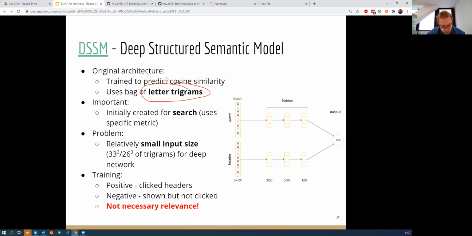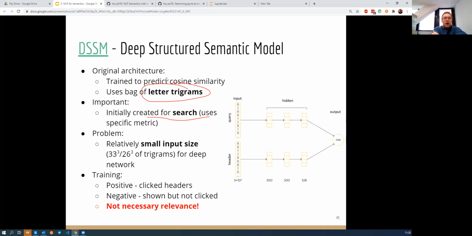The application was done to solve a particular task. So the network was designed to solve the task of search. Previously, we were trying to build a language model, some latent space representation of texts, and then solve the problem of retrieving similar documents. But we were assuming that relevance is just the cosine similarity, the similarity in terms of words.